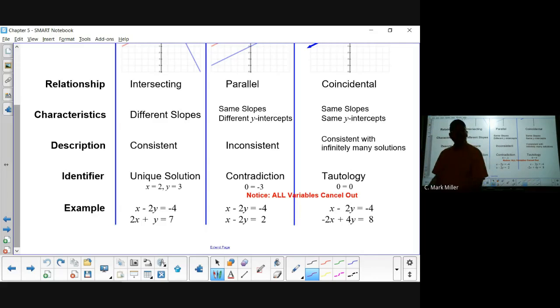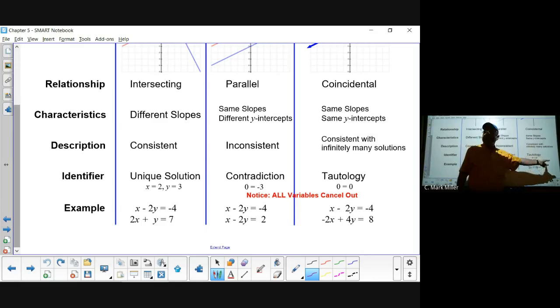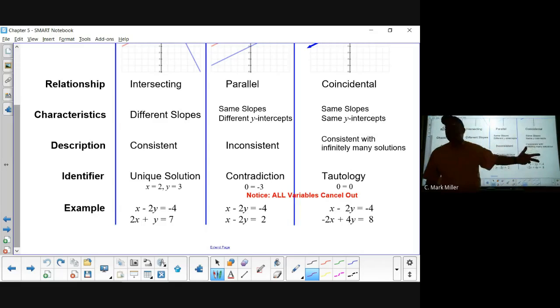You're left with an equal sign, and you make your decision by, are the things on the sides of the equal sign the same, or are they different? If they're the same, infinitely many solutions. That's a tautology. 7 equals 7 is a tautology. It's always true. 0 equals -3 is a contradiction. It is never true. So that is a no solution case.